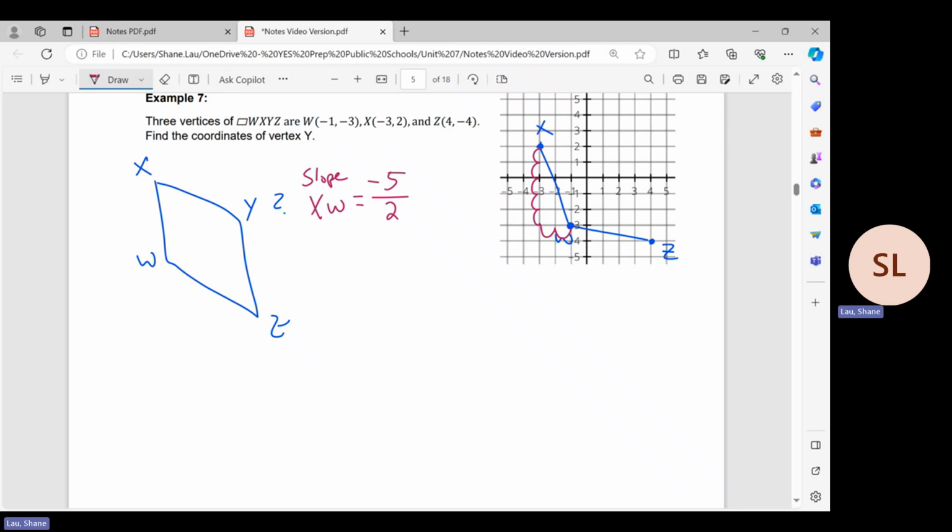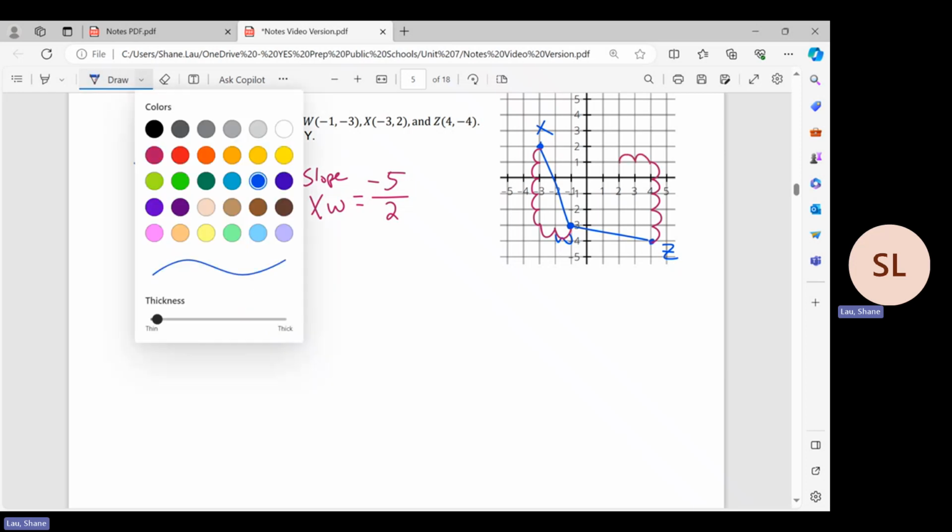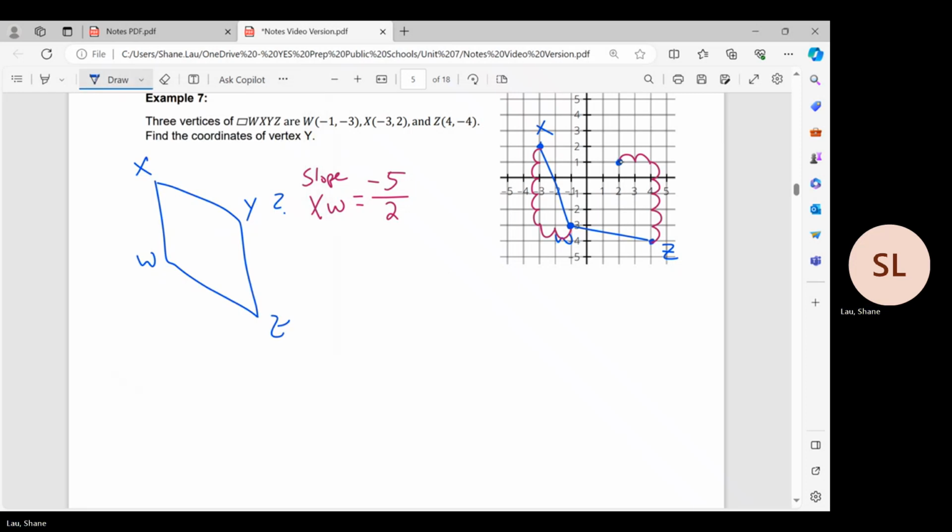And now because we know that this is for the y side, the side with the y, we have to go backwards from there. So if we look at z, we're going to go backwards. We're going to go up 5 units, 1, 2, 3, 4, 5. And then to the left 2 units, 1, 2. Which means that our vertex y is going to be that point right there.